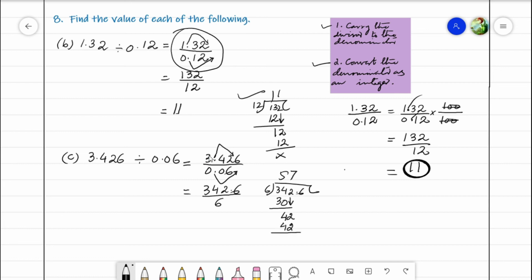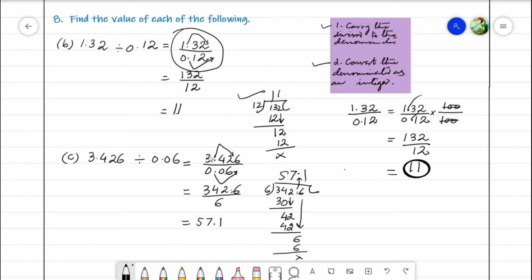The point would be lined up like this and 6 will go down like this. 6 ones are 6 and there would be no remainder. So 57.1 is the quotient, the answer to your question. So we have done question number 8.